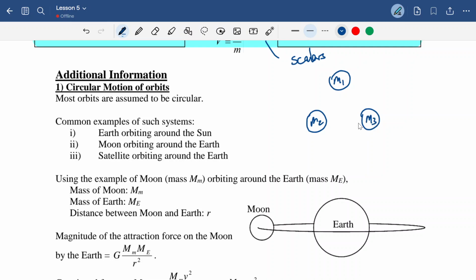You just need to find one force between here, let's call it F13, and one force here, F23. Find the angle between them if they give you, and just resolve vertical, horizontal, find the resultant force.